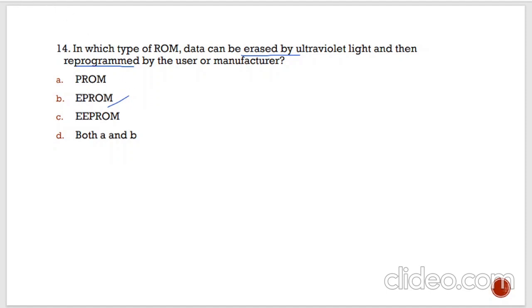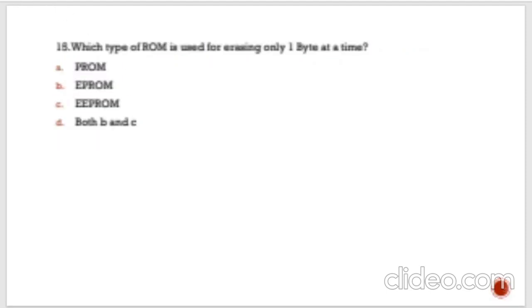Okay, next question: which type of ROM is used for erasing only one byte at a time? We have seen that erasing cannot be done by PROM. It can only program, writing the program, but it cannot rewrite the program or erase the instructions or data from the ROM.